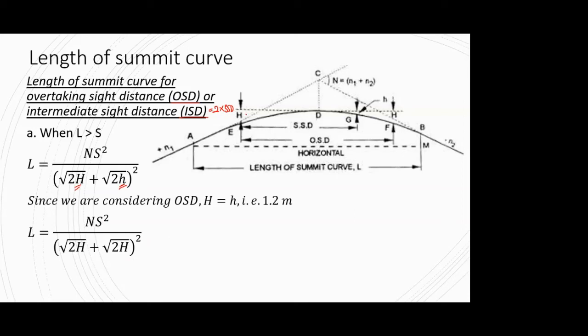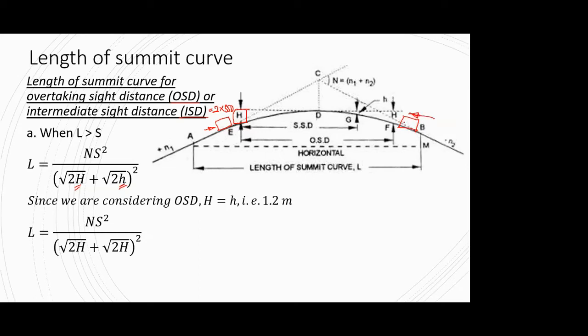Okay, so you can see in this figure also, the top right figure. Here we have considered capital H, assuming that there is a car over here which is moving in this direction, and from the overtaking point of view, there should be another vehicle moving in this direction.